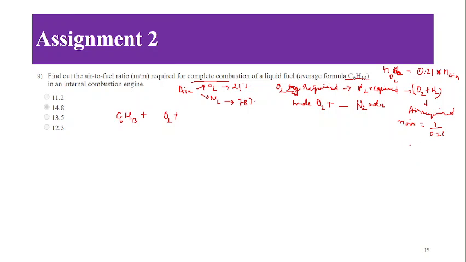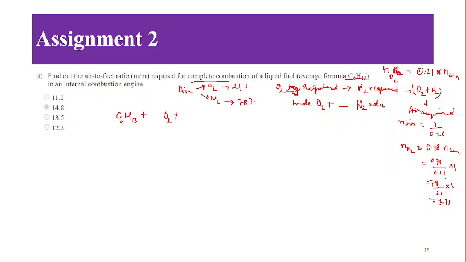And N of N2 is 0.78 of N air. So we get 0.78 by 0.21 into 1, basically 78 by 21 into 1. This 78 by 21 comes out to be 3.71.